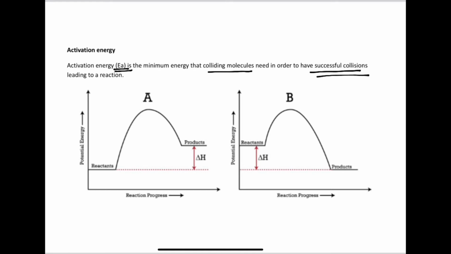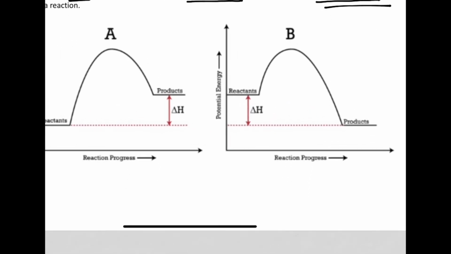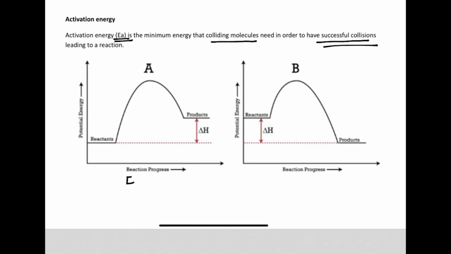Now, let's consider these two reactions. Here you have an endothermic reaction, and there you have an exothermic reaction. So this is the energy profile diagram for these two kinds of reaction.